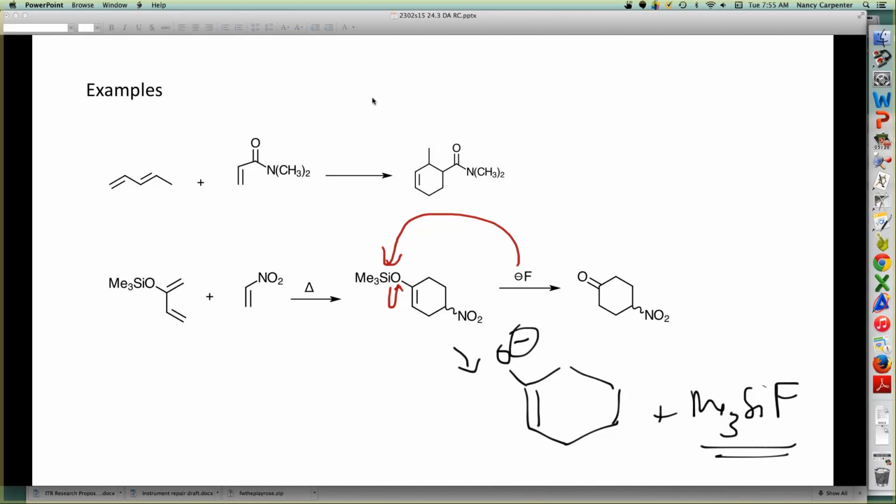This is a super strong silicon-fluorine bond, very, very strong. So that's the driving force. And of course, you should recognize that as an enolate, which rapidly tautomerizes to the ketone. So that's a pretty nifty way to make a ketone, a cyclohexanone.